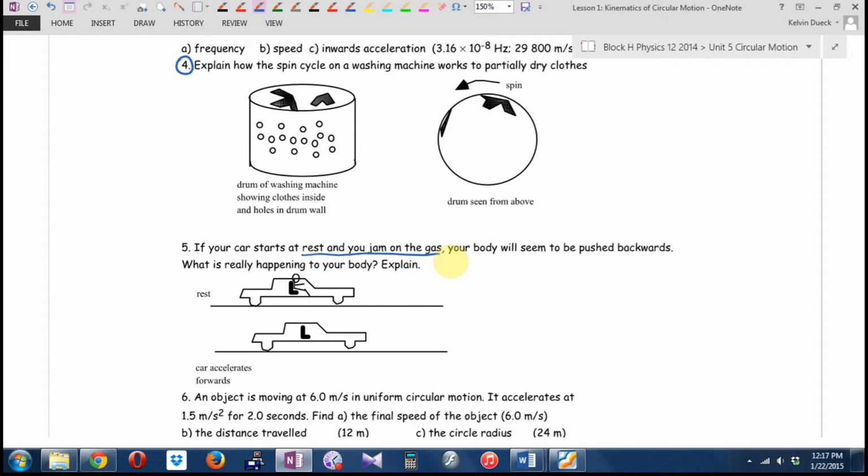It wants to stay at rest. And so what you're feeling is the car seat pushing you forwards, but because all of us have a very egocentric frame of reference, we think the universe revolves around us, and you think it's because your body's getting pushed backwards. It's the same phenomenon when you're moving in a circle. Have I beaten it out of you in love? Yeah. Good.